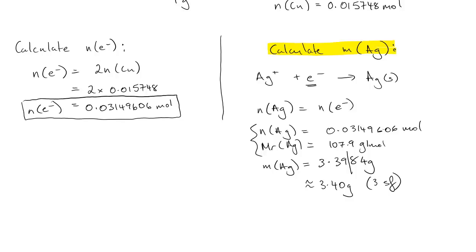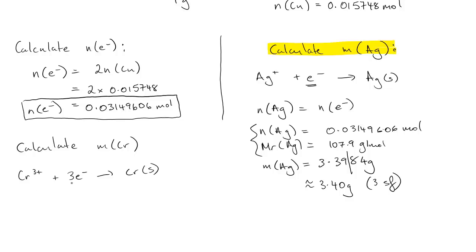Now, we also need to calculate the mass of chromium. Because chromium has a different equation, we need to consider this one. Chromium has a 3+ charge, so 3 electrons are required to bring it to neutral state.